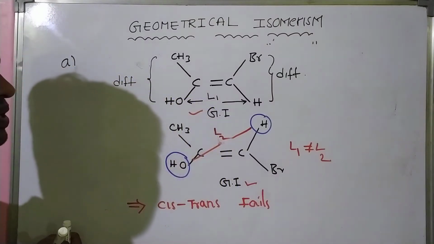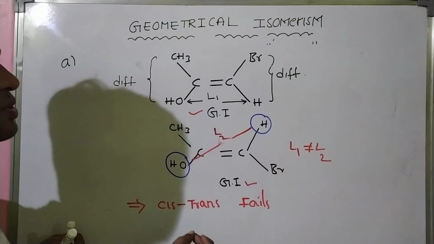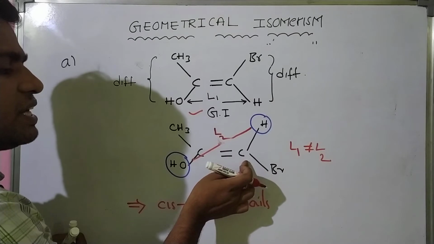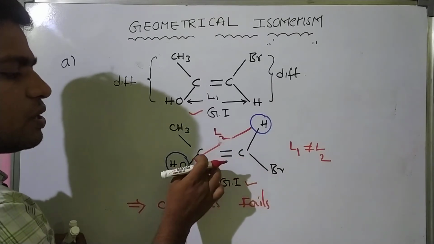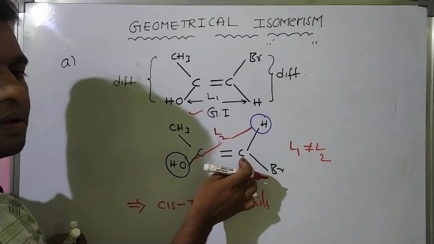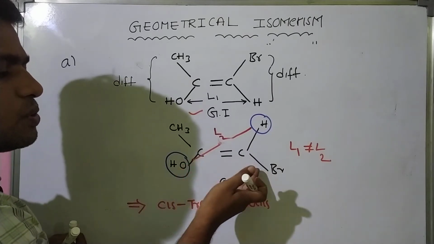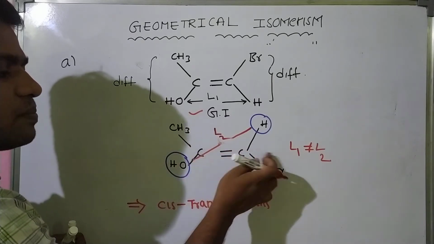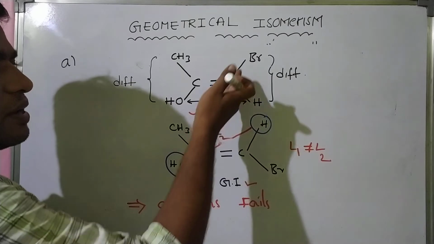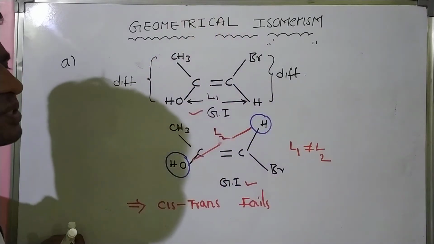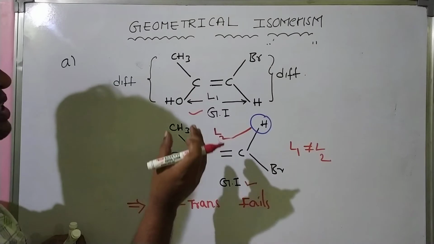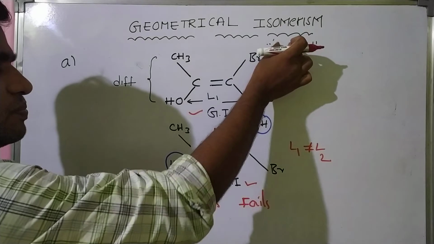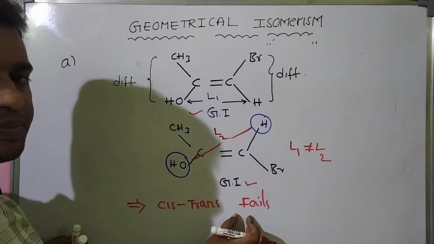Why? Because a cis compound means at least two identical atoms or groups must be present on one side of this carbon-carbon double bond. But in this compound, no two equal groups are present on one side with respect to the carbon-carbon double bond. And trans also does not exist. This means the cis-trans notation for geometrical isomerism fails in this case.